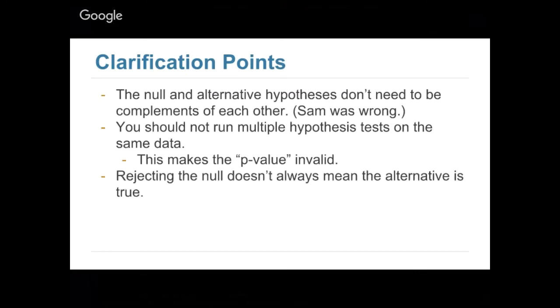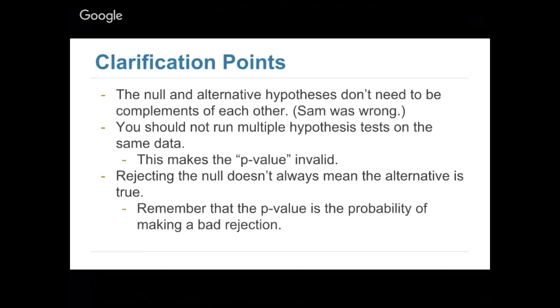As I had mentioned briefly before, rejecting the null does not always mean the alternative is true, because the p-value is a probability of making a bad rejection. To get that in an intuitive sense, let's say I'm evaluating whether I'm cooler than the rest of the class. We raised our hands, and I saw that there were 2 people out of 50 that had a coolness level of 85 or higher.